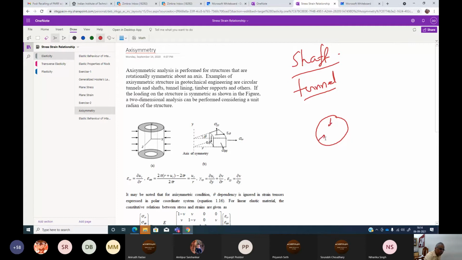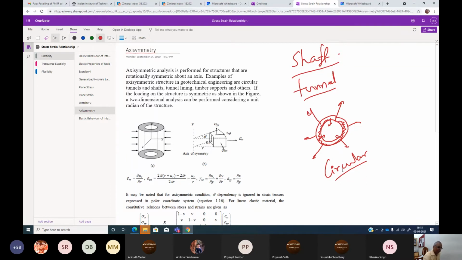But because they put a lining around this, which is very good concrete material, it gives a pressure so that the rock doesn't come in. Normally the safest shape of the tunnel is circular. Circular tunnel.